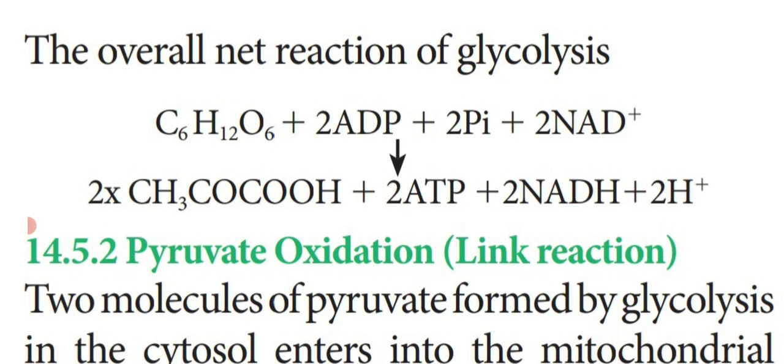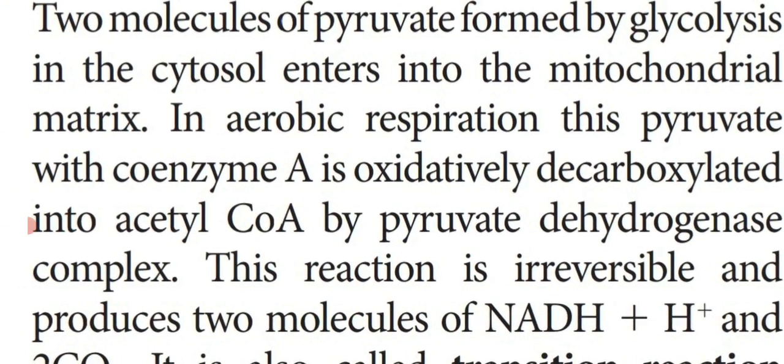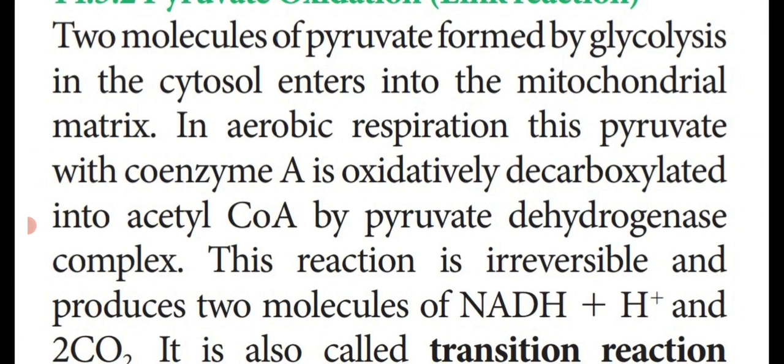Next we are going to see the link reaction or pyruvate oxidation. The 2 molecules of pyruvate formed in the glycolysis process enter the mitochondrial matrix. In aerobic respiration, this pyruvate combines with coenzyme A, and oxidation and decarboxylation take place.